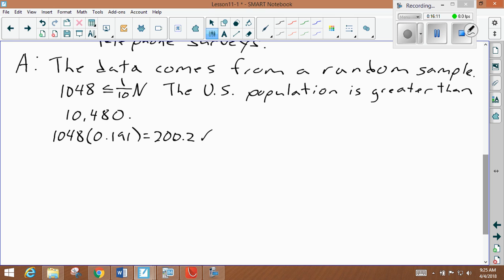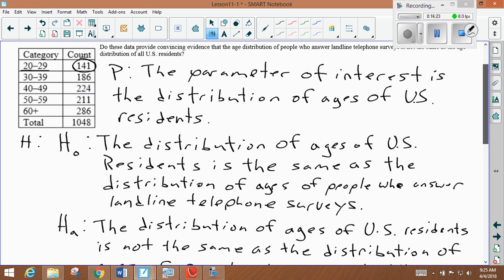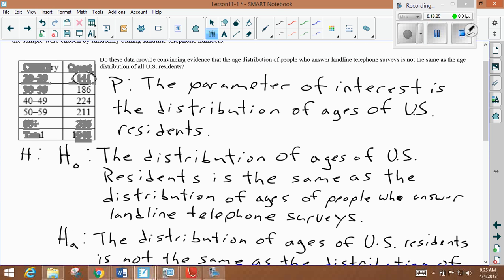All right, our next expected count. We looked at how many people in their 20s we would expect to get. Now we look at how many people in their 30s, not necessarily exactly 30-year-olds.